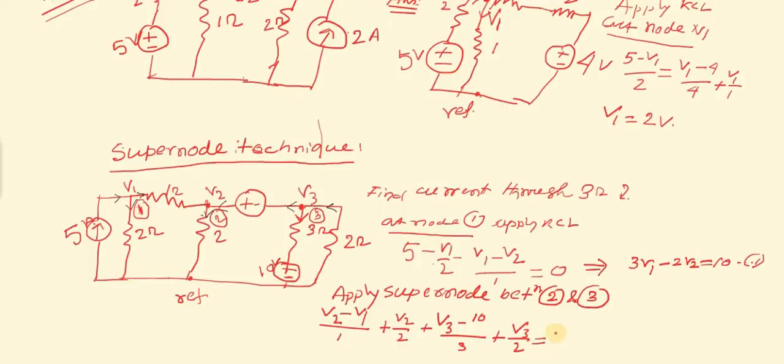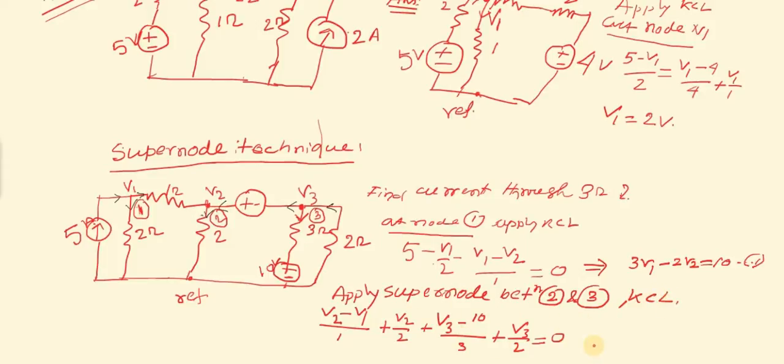To write this equation we just mentally assume that this voltage source no longer exists. This is just a shorted line here. So apply the supernode between V2 and V3, and apply KCL.